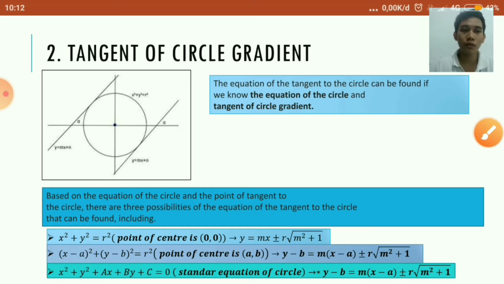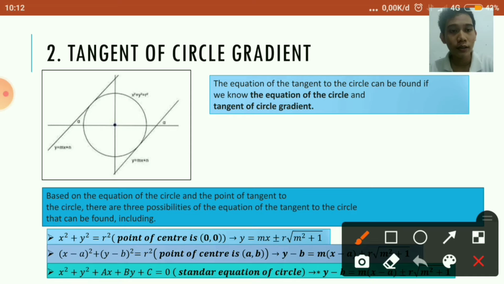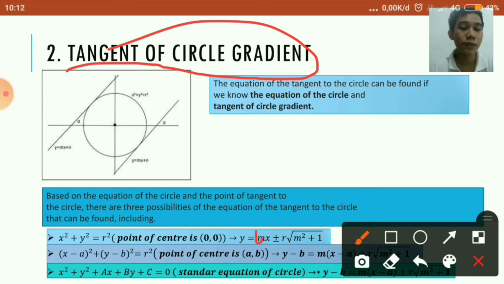We can know the equation of tangent to the circle is y equals m times x, with m being the gradient of the tangent, plus or minus r times the square root of m squared plus 1.